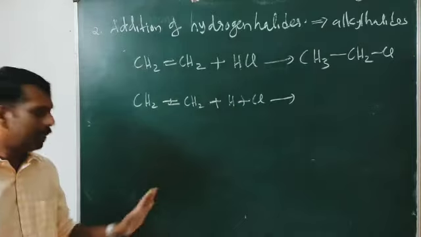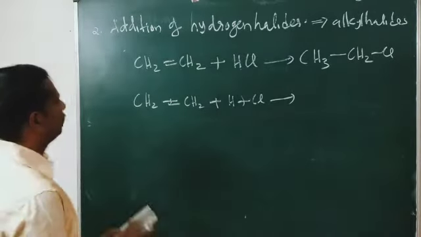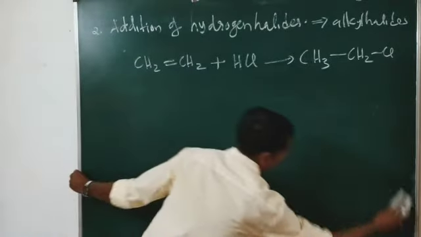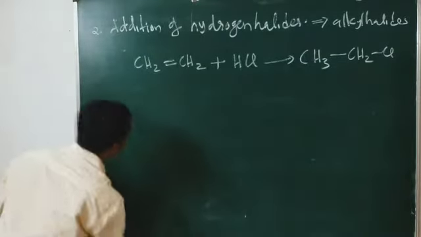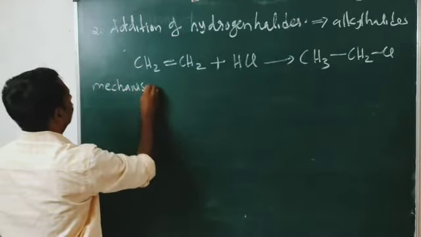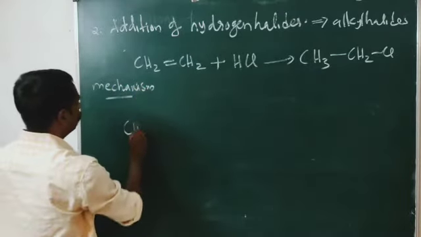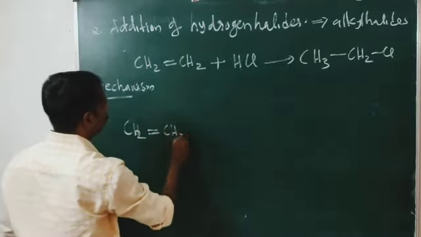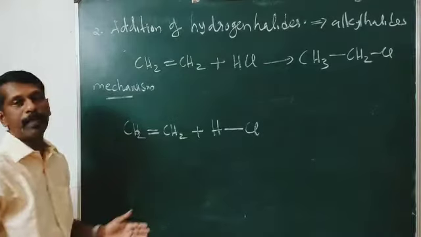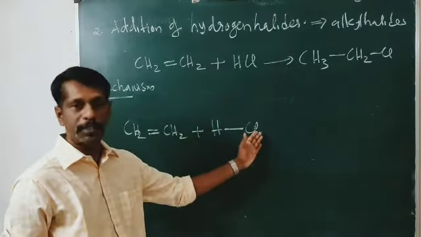Now the mechanism of the reaction. Look at the mechanism. CH2 double bond CH2 plus HCl. You know that the hydrogen and halogen bond is a polar bond.